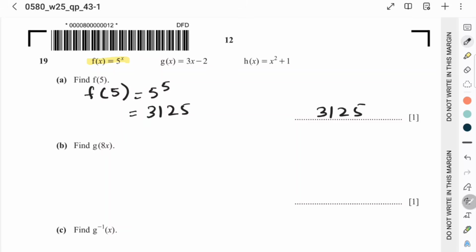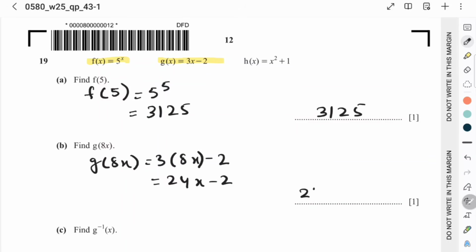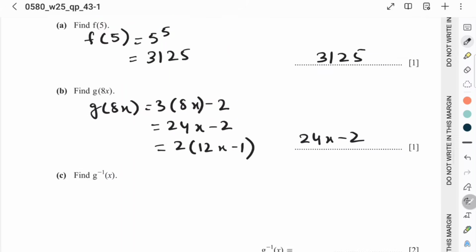G of 8x means here you just substitute 8x in place of x. So g of 8x is equal to 3 times 8x minus 2, so 24x minus 2. This is the answer. Or you can take common and write 2 times 12x minus 1 if you want. Both are acceptable. It's a 1 mark question.